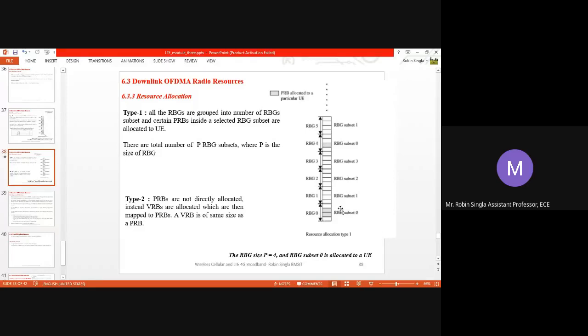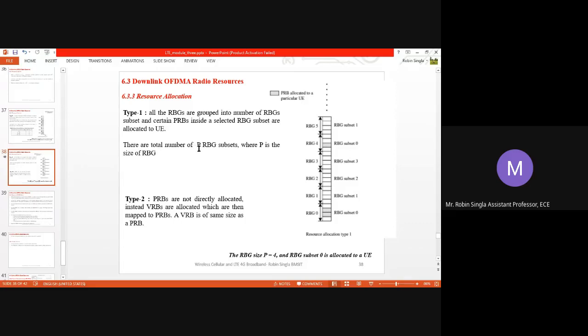For example, in this the total number of subsets is 4. So this is RBG subset 0, RBG subset 1, subset 2, subset 3, and after that again RBG subset 0, RBG subset 1.